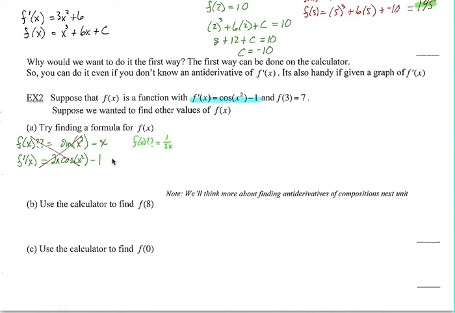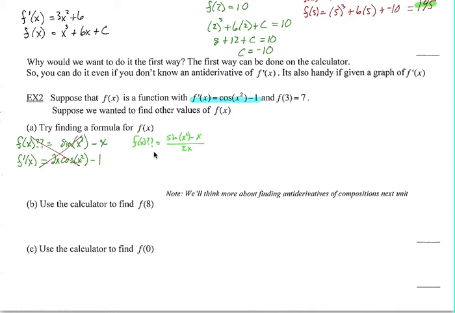Actually, let me rewrite this slightly differently. We would get sine of the quantity x squared minus x, all over 2x.